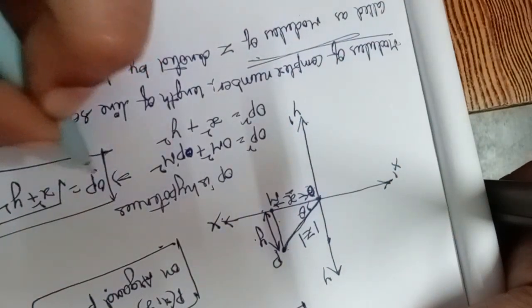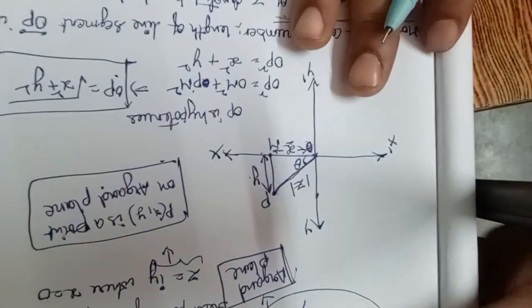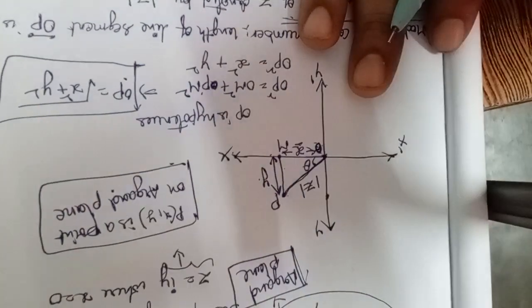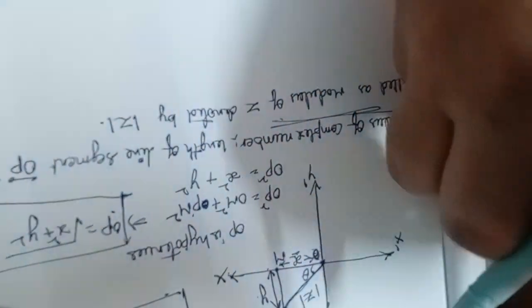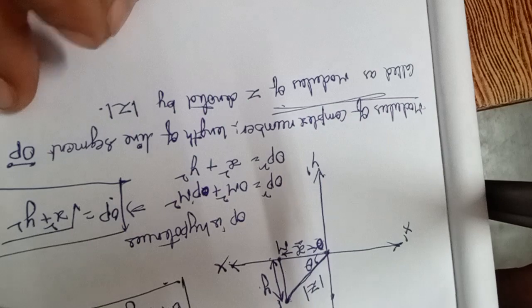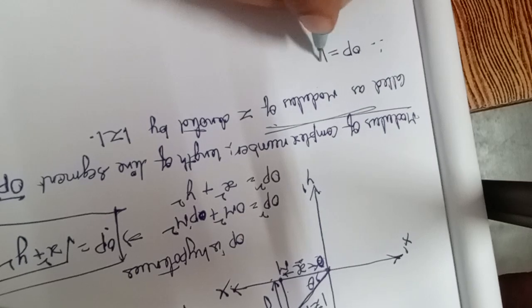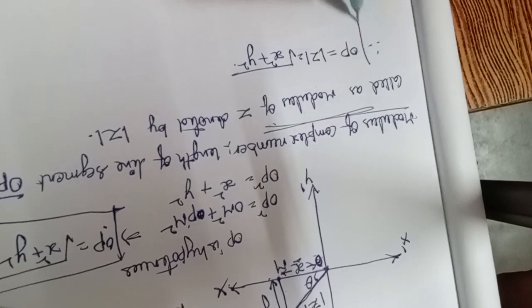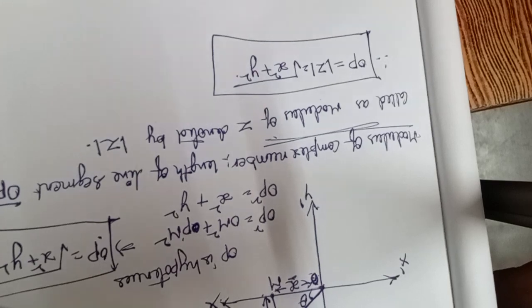But OP is nothing but the modulus of z. Therefore OP, which is mod of z, equals root of x square plus y square. This is the modulus of the complex number.